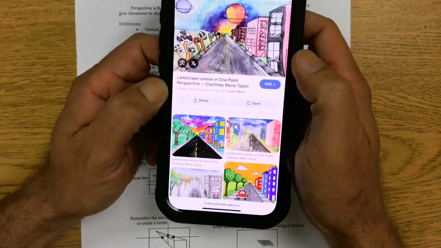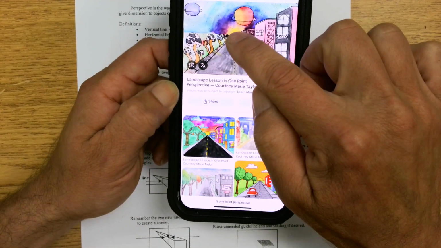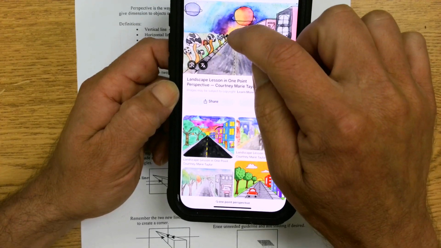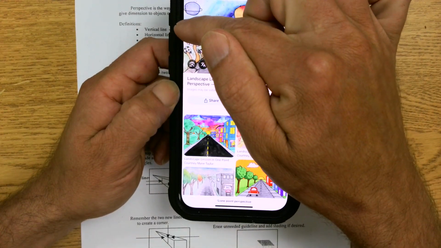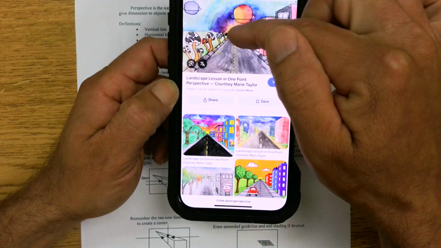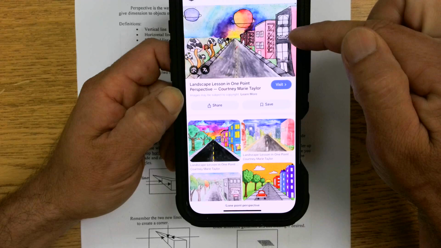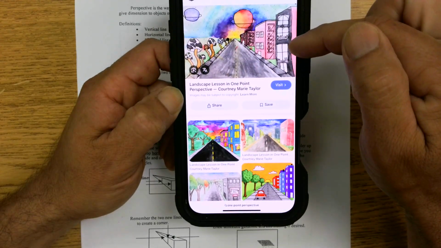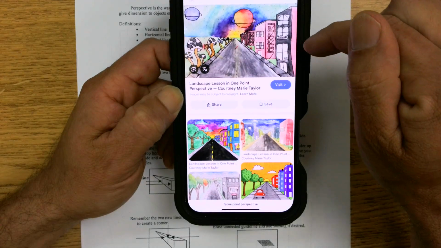And in art, a lot of times kids will make a road that disappears into the distance and stops at a certain spot, which is the vanishing point. And then if you look at this, you'll also see that there's kind of this imaginary line going across the picture. That is called the horizon line. That is perfectly straight ahead of us at all times.